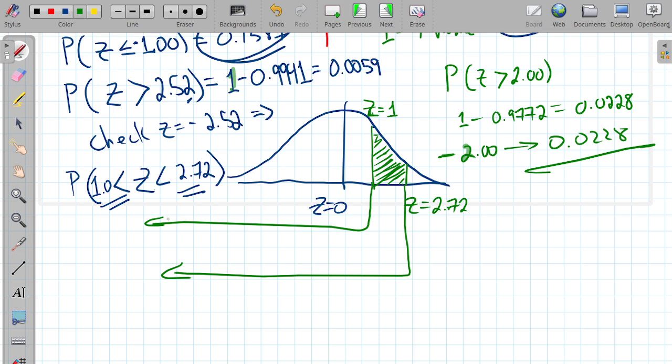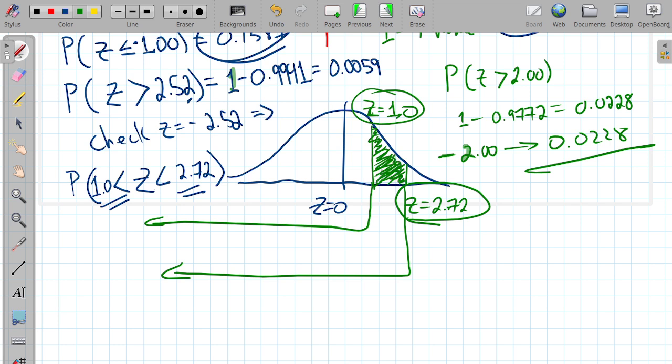Okay, we're back. I just sketched out the problem. When you're not sure what's going on, it doesn't hurt to make a sketch. It'd be actually very wise to make a sketch. So here's the upper bound, z is equal to 2.72. Here's the lower bound, z is equal to 1.0. I'm interested in the area contained in between these two values.